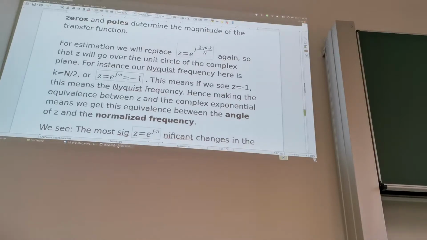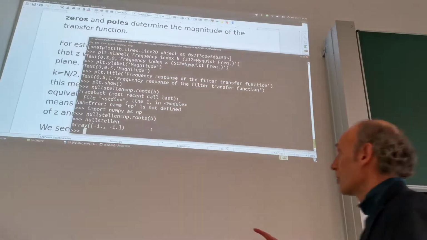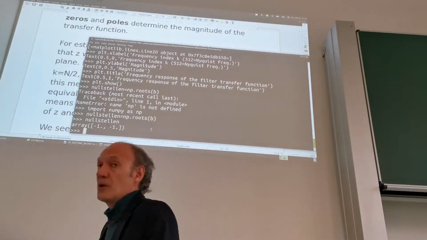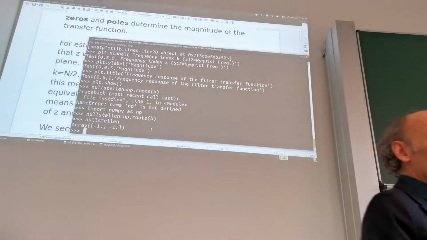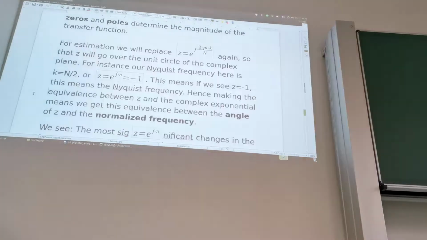So here we can now see it. These are two complex numbers, right? Each giving us the location of a zero, and each being at Nyquist. Right.